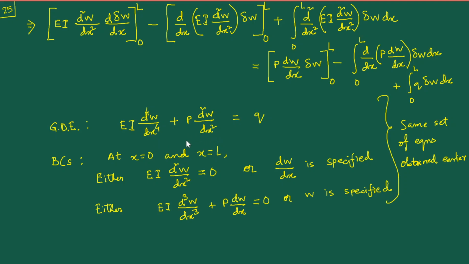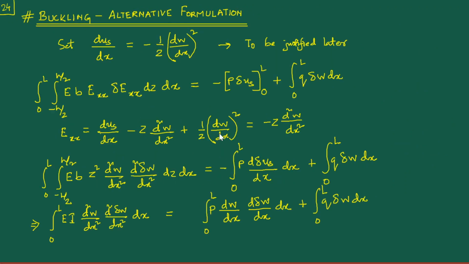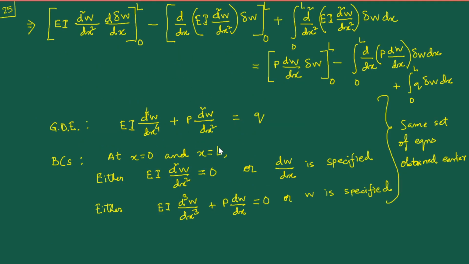And the boundary conditions also reduced to this. So what we have done, by using this particular equality for apparently no rhyme or reason, although I told you just through words that it represents some kind of shortening of the beam, is manage to obtain the same set of equations.